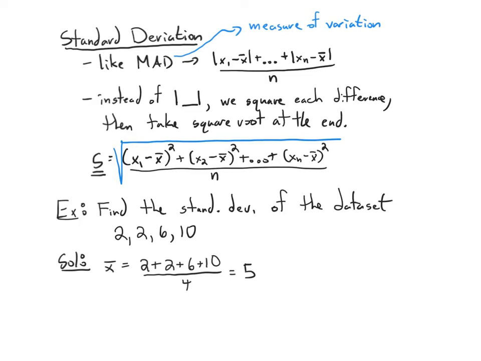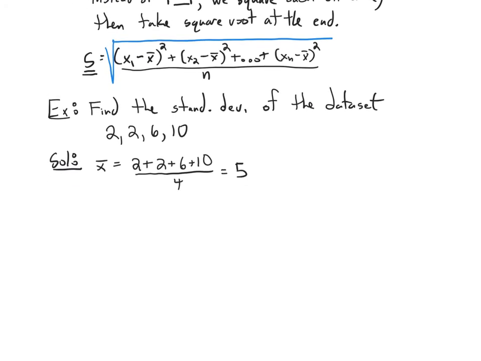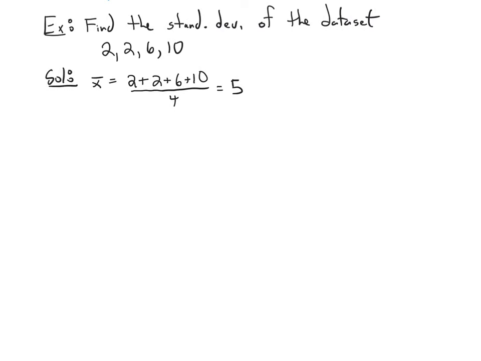Okay. So the standard deviation is as follows. We're going to take each data point. The first data point is a 2. We're going to subtract the mean, 5, square that difference, and do that for each data point. We have a second 2: 2 minus 5 squared.